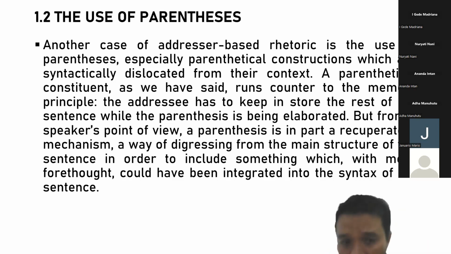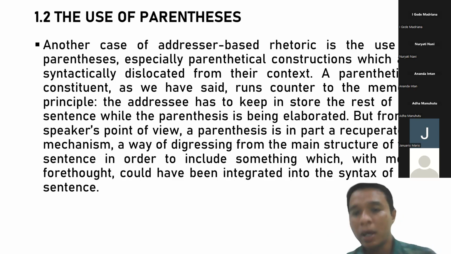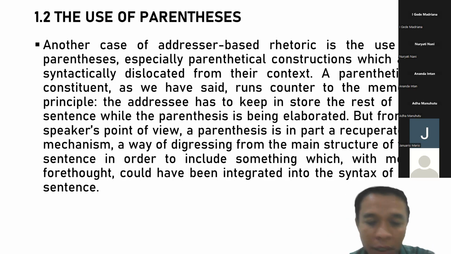So here, as you have heard from my explanation, the use of parentheses runs counter to the memory principle. So here the addressee has to keep in store the rest of the sentence while the parenthesis is being elaborated.